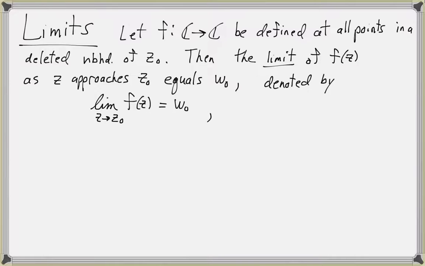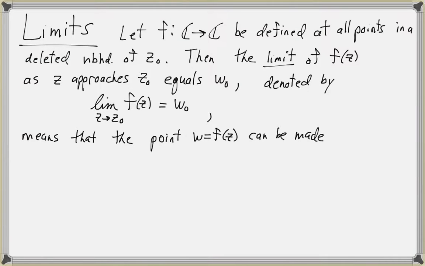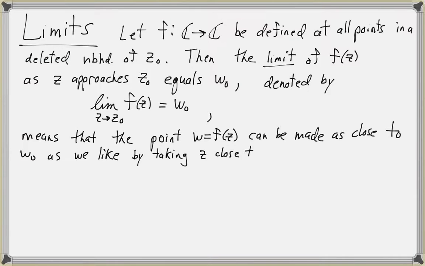So this notation and this definition means that the point w equals f of z, so the images of z, can be made as close to w0 as we like by taking values of z close to z0, but not equal to z0.